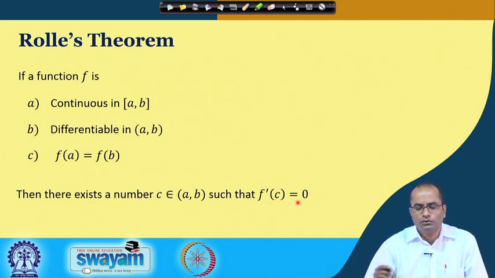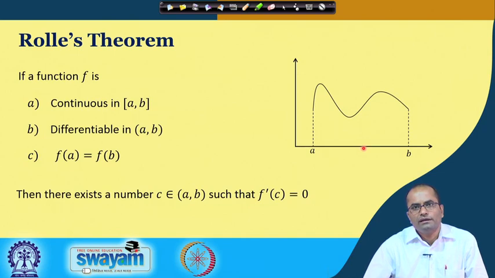If we go through the geometrical interpretation, let us consider this is the function which is plotted on this x axis and the y axis here. This is the point A. The function value at this point A is here, and the same value the function is taking at B. The function is continuous and differentiable everywhere.